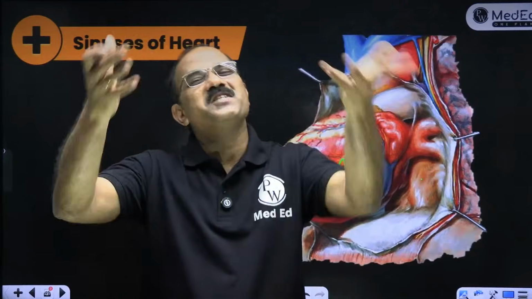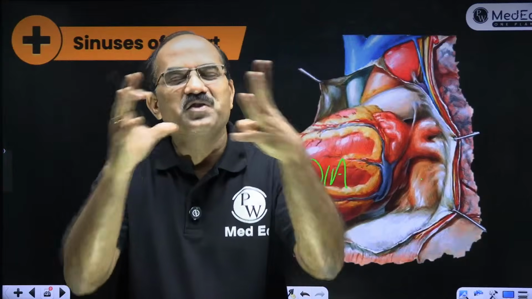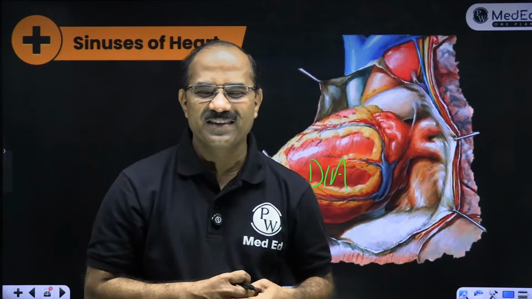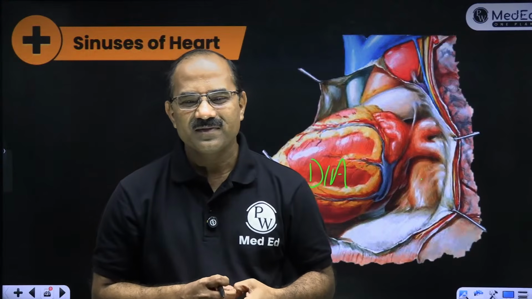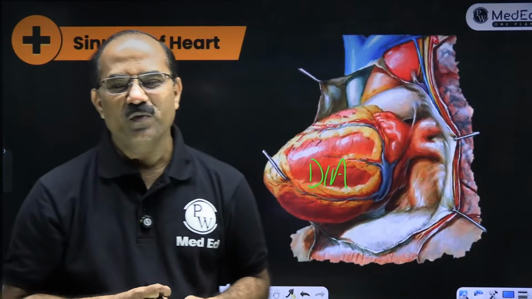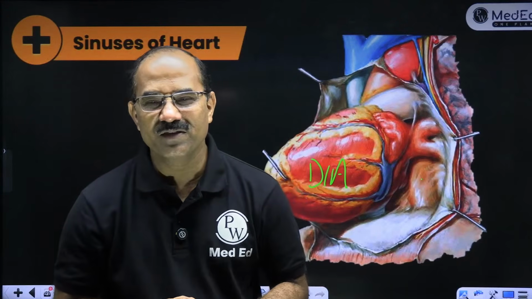Yes, which is a space behind the stomach? Behind the stomach there is also a space which helps in distension of the stomach after having food. What is that space known as? What is that space behind the stomach which helps the stomach to distend?